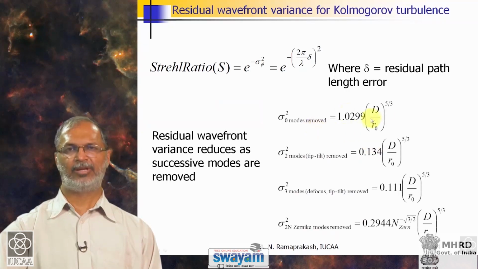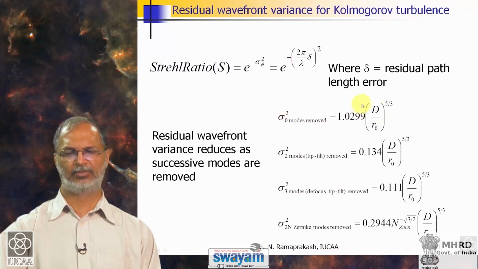Now, depending on how much of the distortions you remove successively, you can reduce the residual aberrations and you can improve the Strehl ratio. So, for example, with the diffraction limited image where no modes are removed, you get an image which is roughly given by D by r0 raised to 5 by 3, which we previously explained. This is the atmosphere limited image residual aberration.